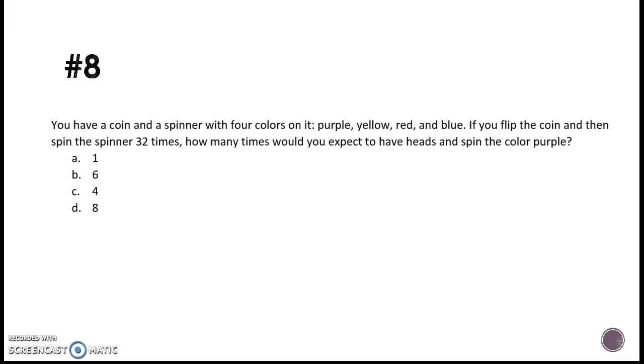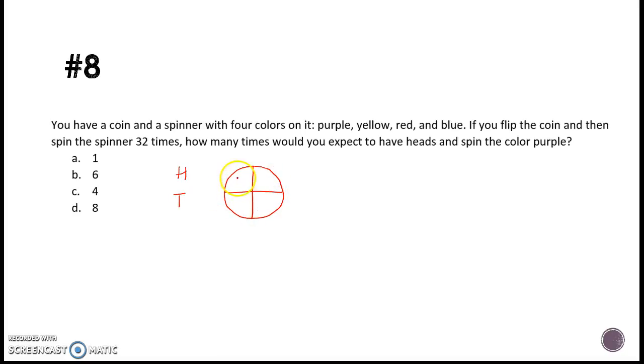Okay, number 8. You have a coin and a fair spinner with 4 colors on it: purple, yellow, red, and blue. If you flip the coin and then spin the spinner 32 times, how many times would you expect to have heads and spin the color purple? Okay, so first of all, if we flip a coin, we can either have heads or tails. And then the spinner has 4 sections.